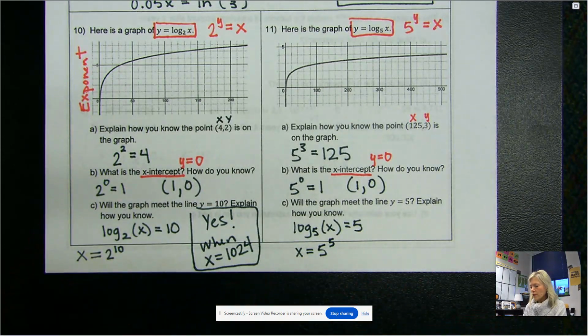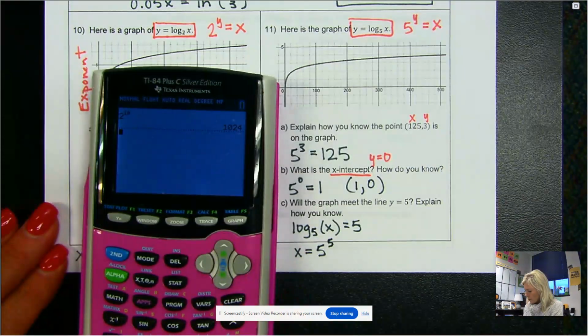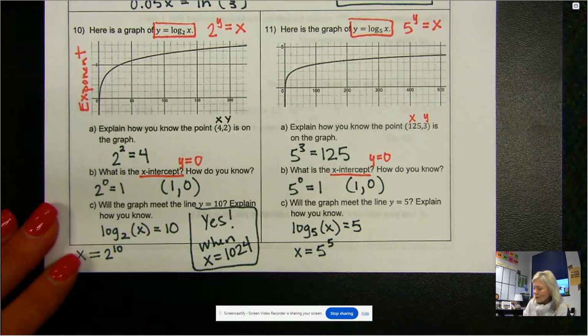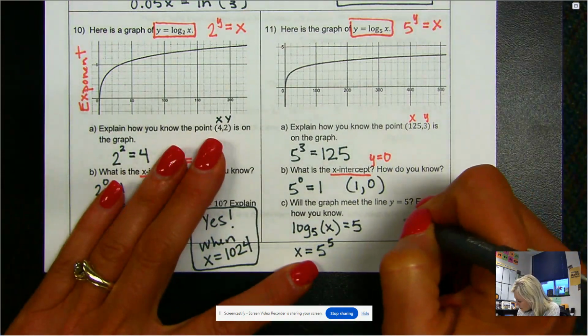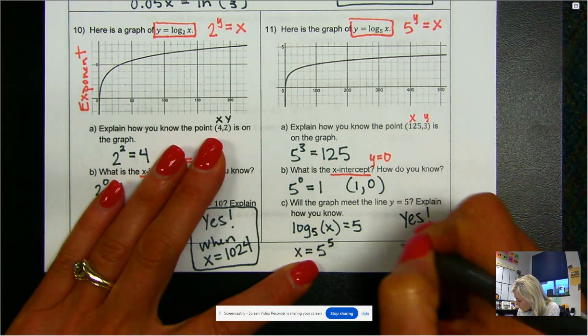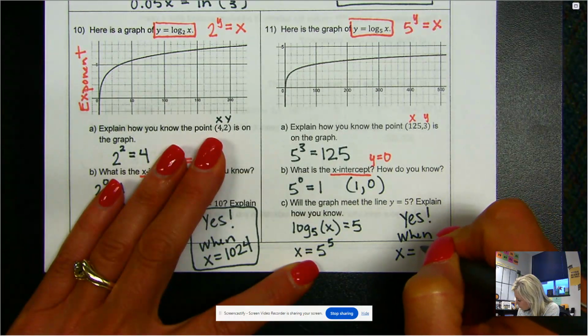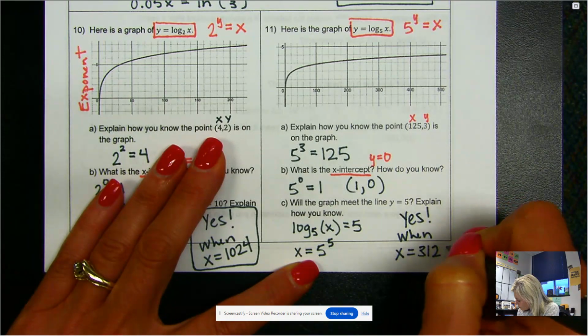So what is 5 to the 5th? 3,125. So the answer again is yes when x equals 3,125.